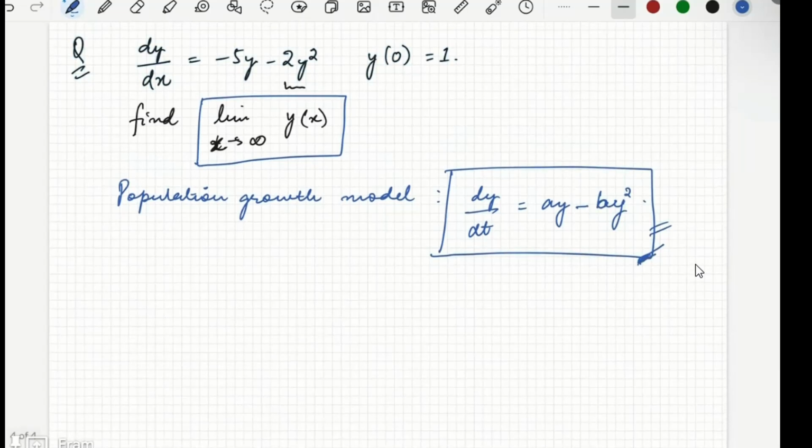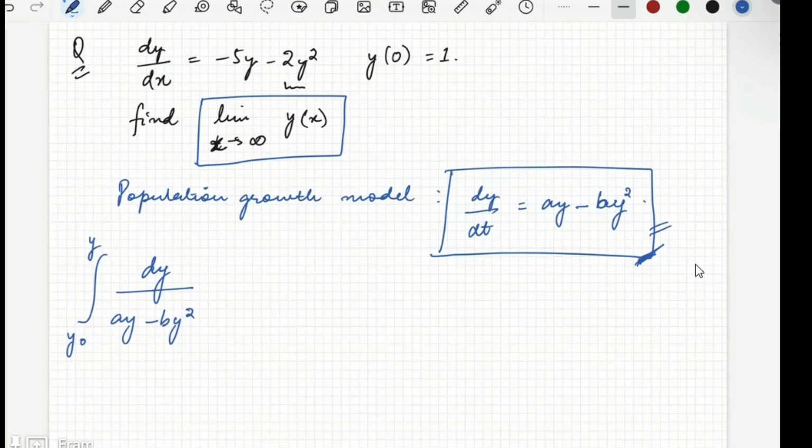What is the general solution for this population growth model, where y denotes the population at time t? We can just separate the variables because it is in variable separable form. We can directly write the integral of dy by (ay minus by square), from y naught to y.